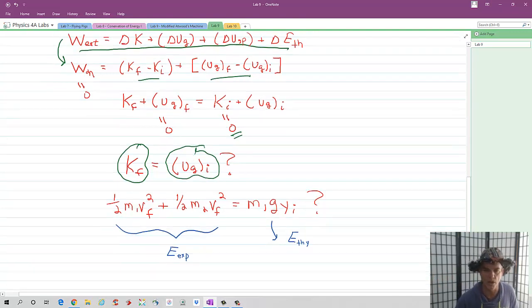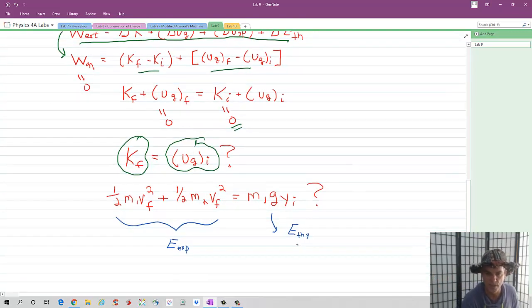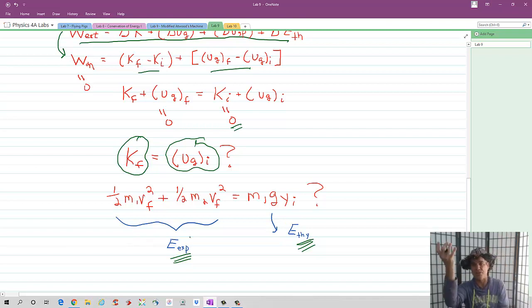So we're calling our theoretical energy the initial potential energy of the hanging mass, and our experimental energy the final kinetic energy of the system, which is both the moving mass and the moving wireless cart.